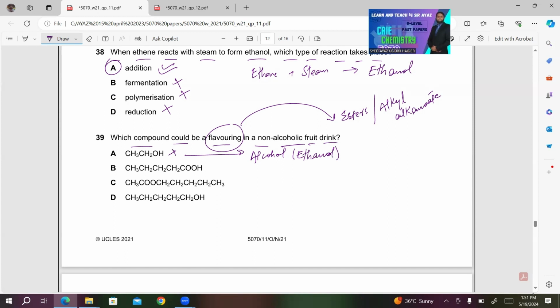B, CH3CH2CH2COOH. CH2, 3. This is correct. Alkanoate.